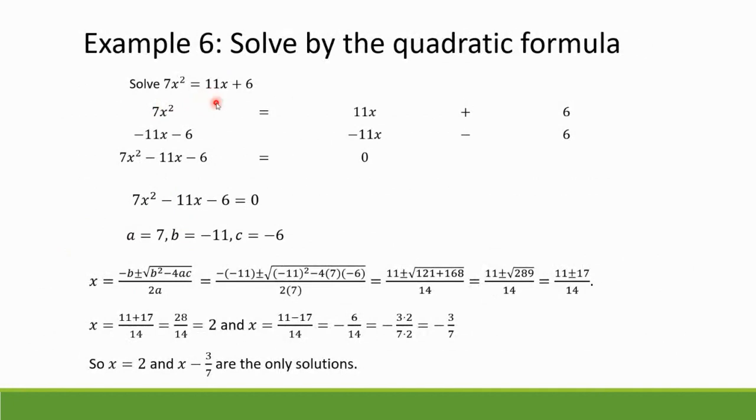So what can we do? I subtracted 11x and 6, so I did two steps simultaneously. I subtracted 11x from both sides, and I subtracted 6 from both sides. We get 7x squared minus 11x minus 6 is 0.